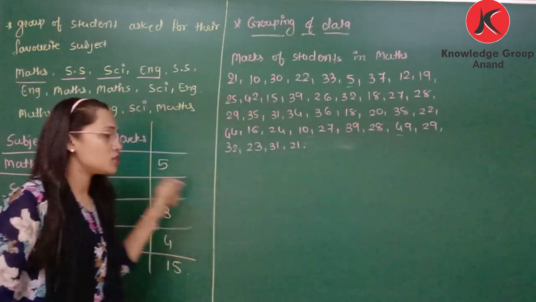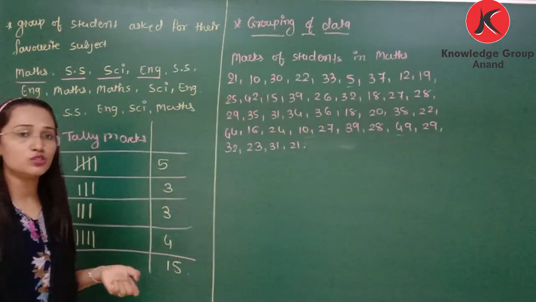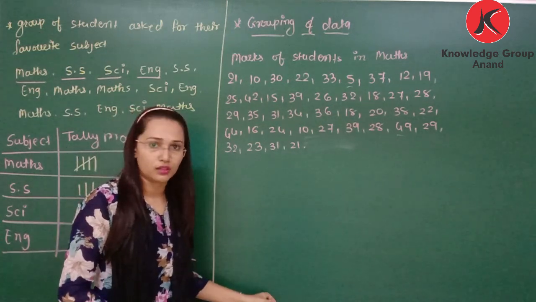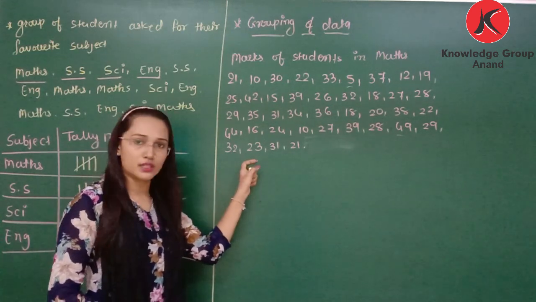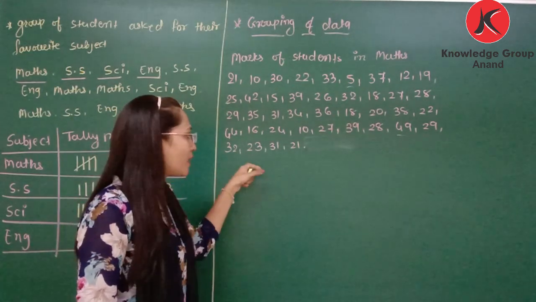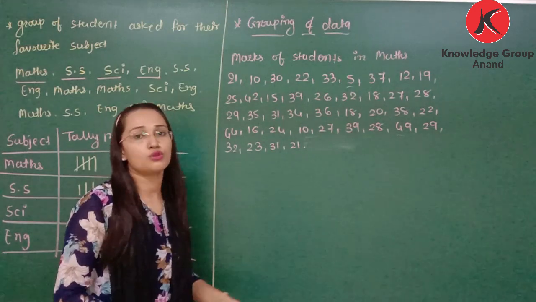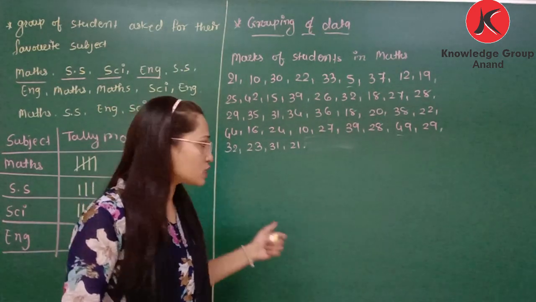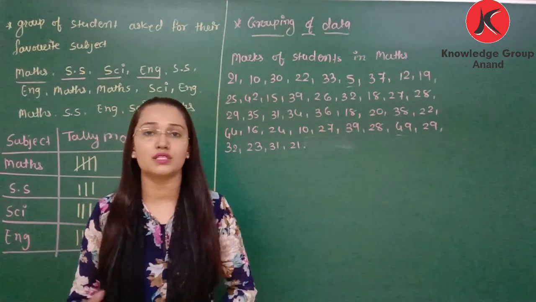If we use the previous example, then we need to write the numbers from 0 to 50. If we want to represent this data in a tally bar graph in the previous way, then we need to write the 1 to 50 marks. It is very difficult to gather the information that way.